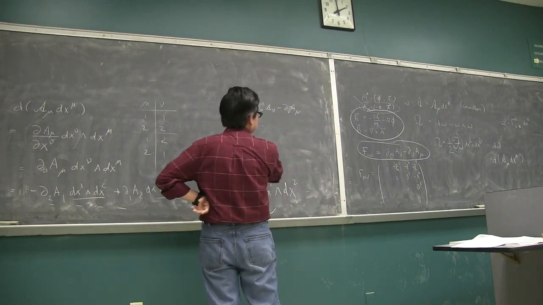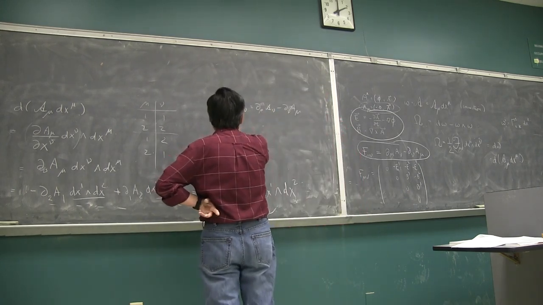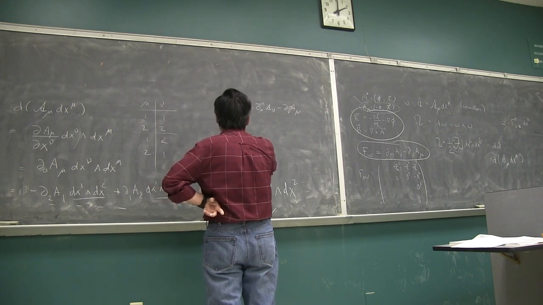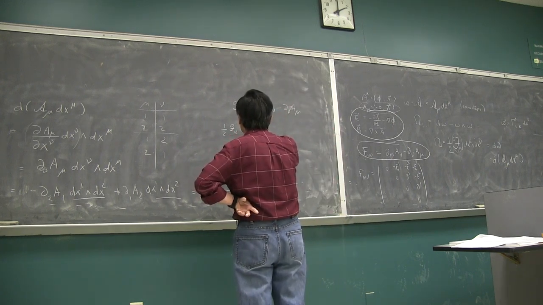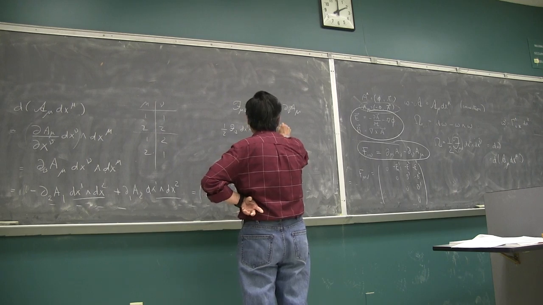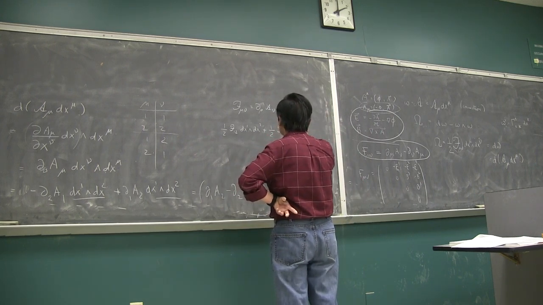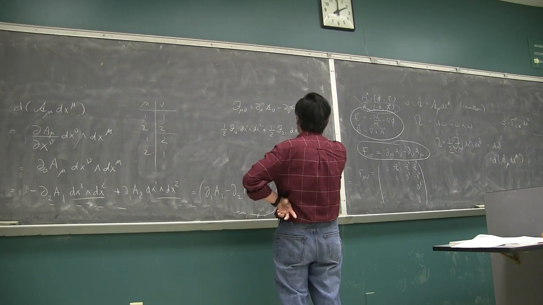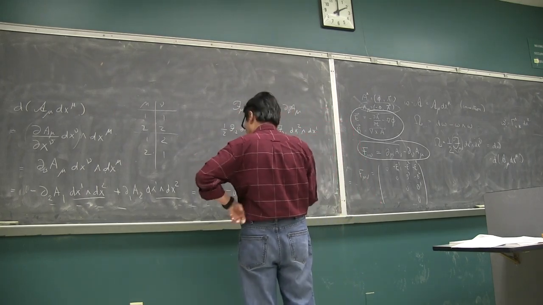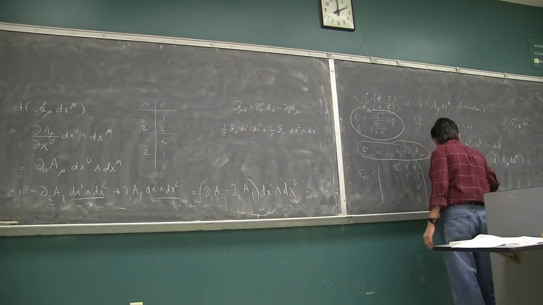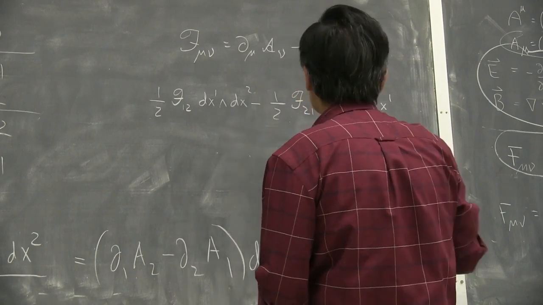So I will have 1/2 f12 dx1 wedge dx2 plus 1/2 f21 dx2 wedge dx1. But again, dx2 dx1 is minus dx1 dx2.